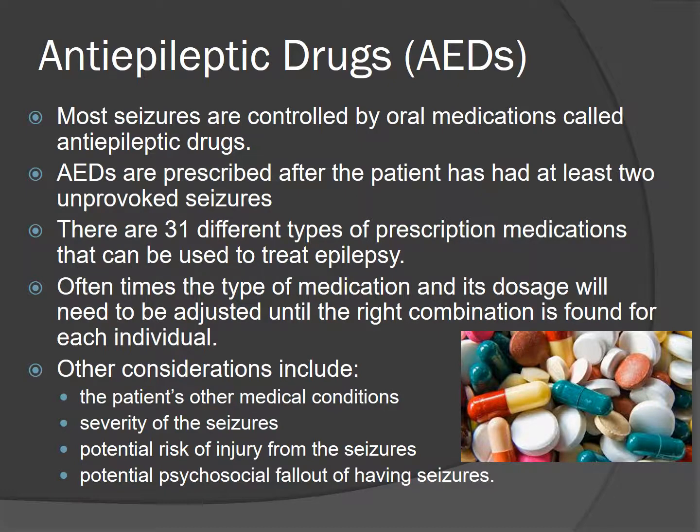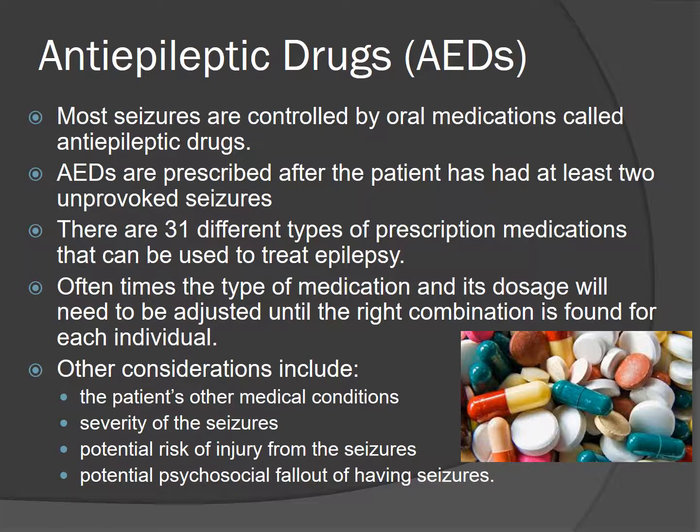So when we talk about anti-epileptic drugs, which are most often referred to as AEDs, this is the most common type of treatment for seizures. And these are often prescribed, again, after the patient has had 2 unprovoked seizures that are at least 24 hours apart. It's the most common treatment for anyone diagnosed with epilepsy.